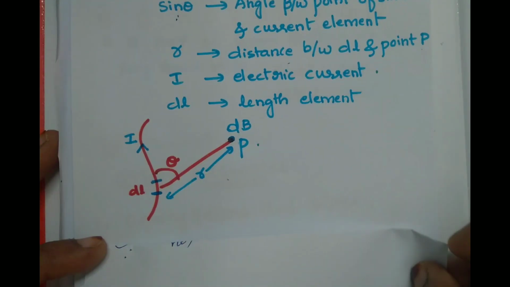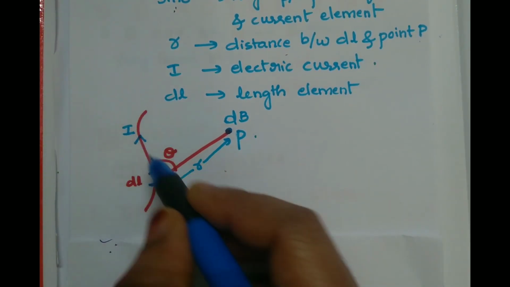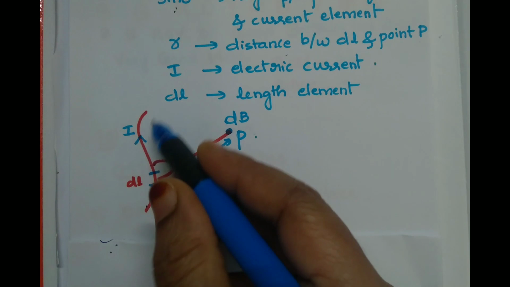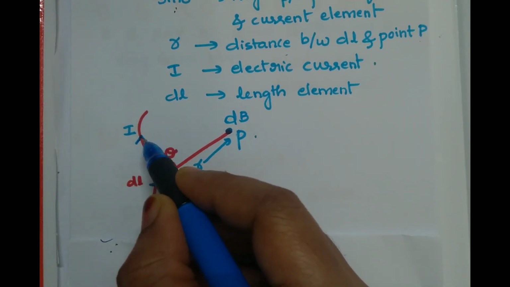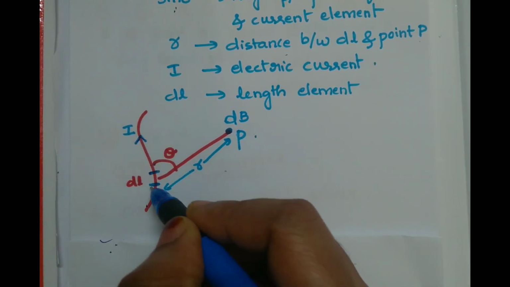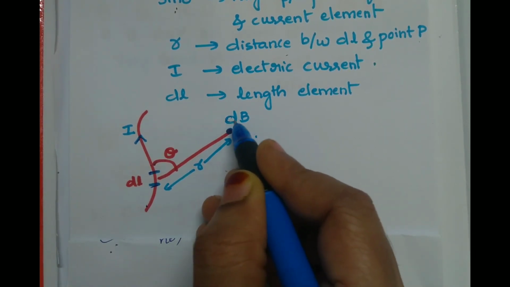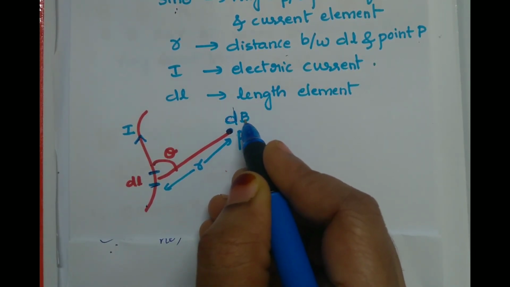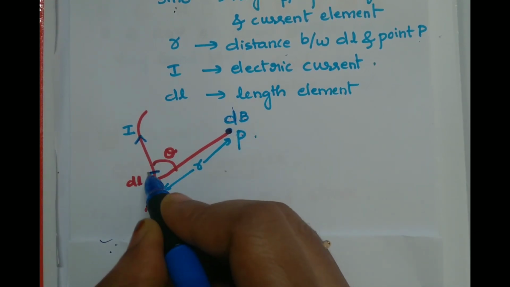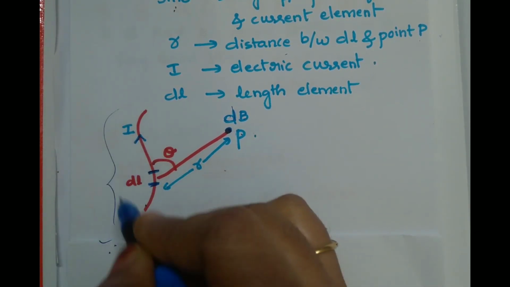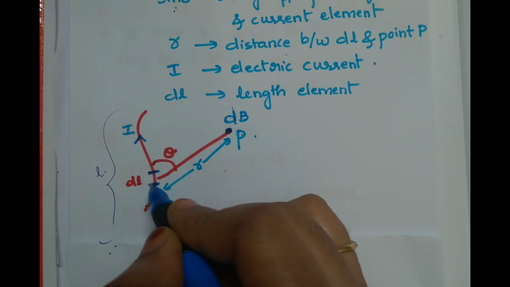See, this is the diagram. Suppose this is the conducting wire of length L and current I is flowing through it. If you want to find the magnetic field at point P, that is the small magnetic field dB, due to the small length element dl, if this is the whole L, we are considering only the small dl.